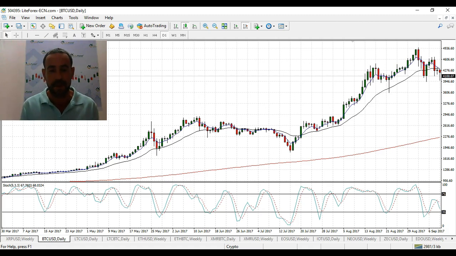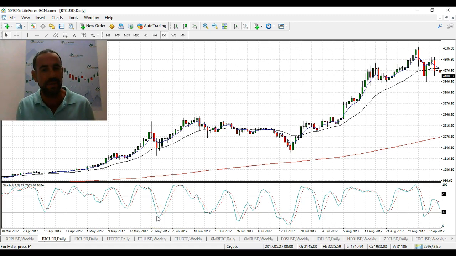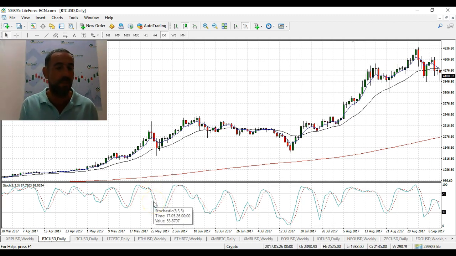Right now, I've already placed the moving averages and the stochastic. Remember, we were talking about the fast line and the slow line on the stochastic. You can see there are two lines here. We got that red dotted line, that's the slow line, and we got that greenish bluish line, which is the fast line. Most of the time we refer to the fast line more than the slow line.